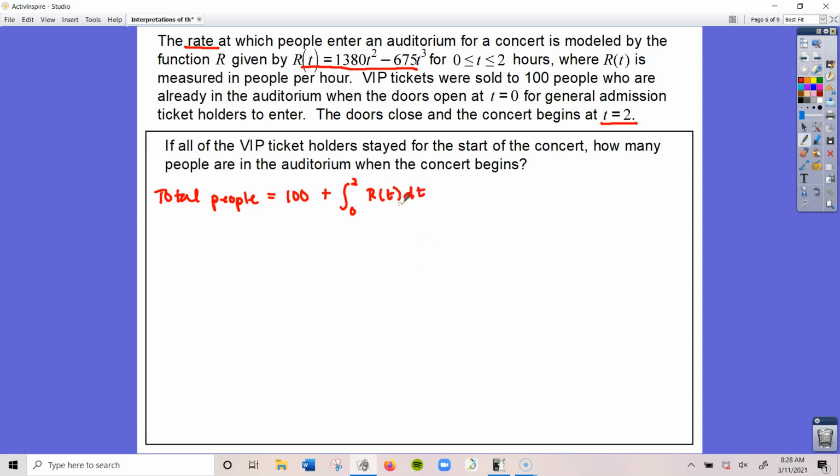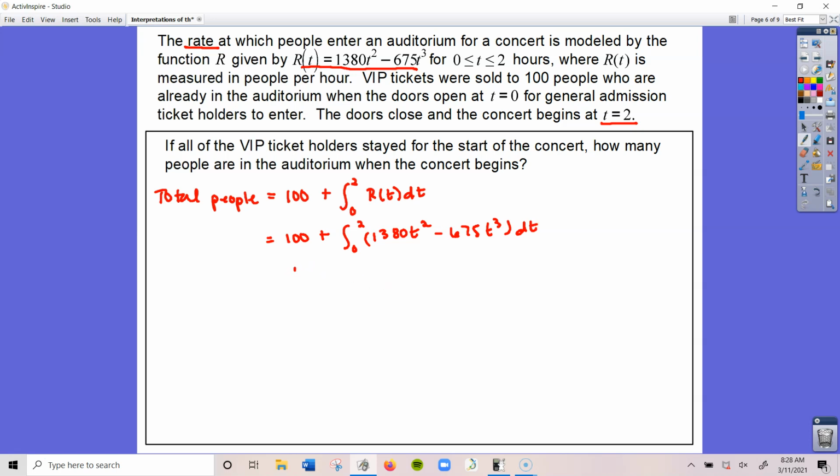So again, we can put this into the calculator, but we're going to try doing some of this by hand since this one is not necessarily a calculator question. So we have 100 plus the integral from 0 to 2 of 1,380 t squared minus 675 t to the third dt.